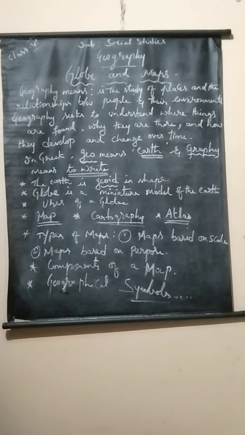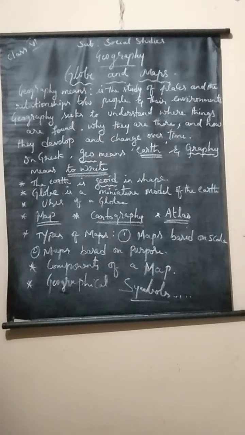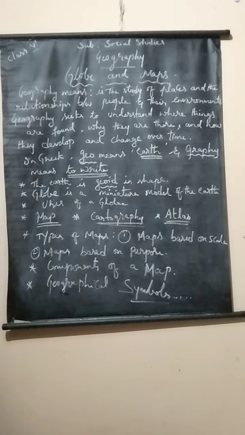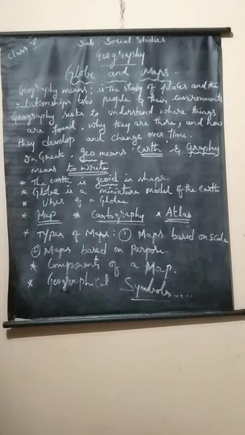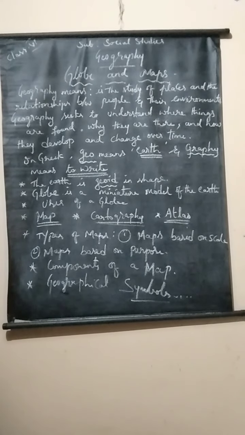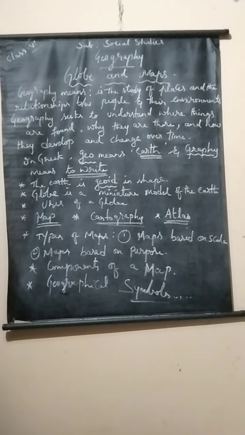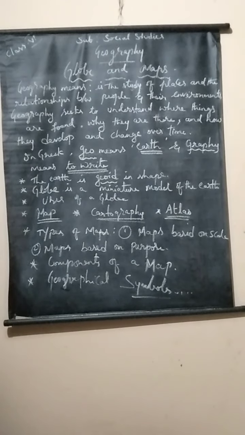Next we are going to study the uses of maps. Maps help us in many ways. Maps help us to locate places like towns, cities, districts, states, countries and continents.